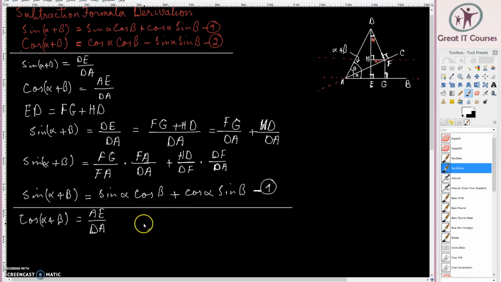So if that's AE by dA, now you can write AE in terms of EA.